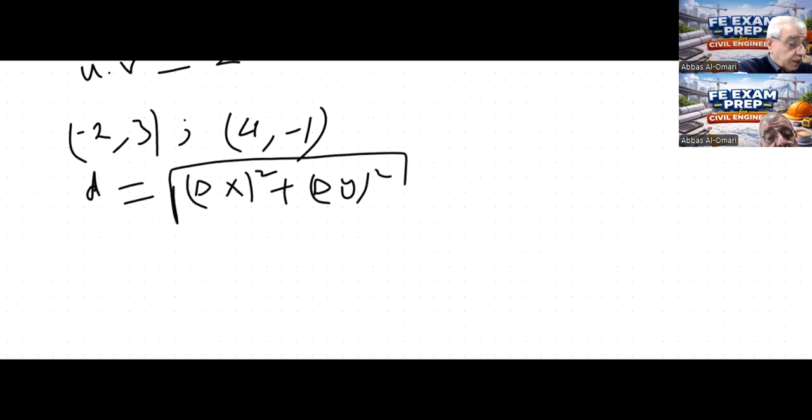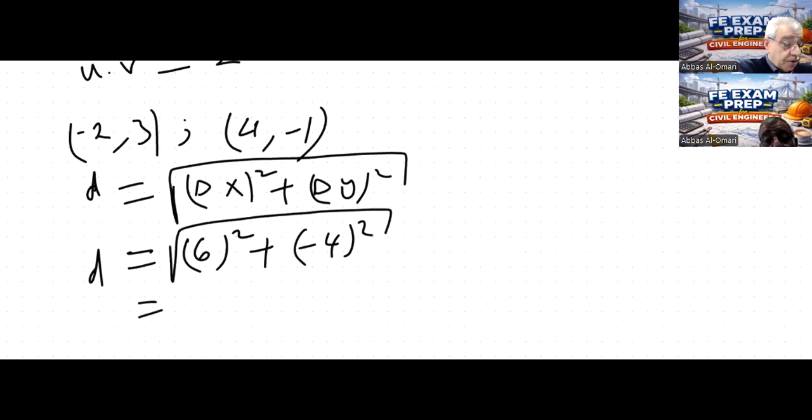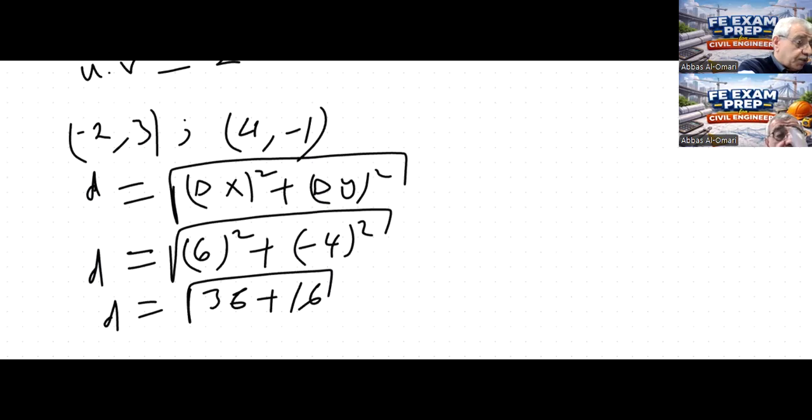Delta x is 4 minus -2, so that's 6, squared, plus delta y, which is -1 minus 3, so that's -4, squared. So d equals the square root of 36 plus 16, so d equals the square root of 52. So this is one form of the answer.